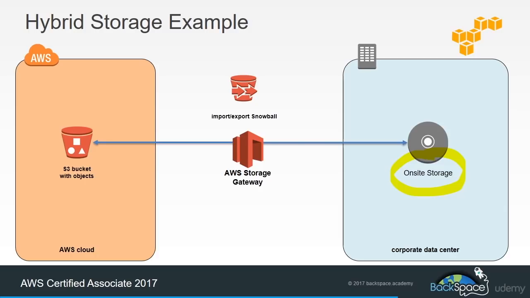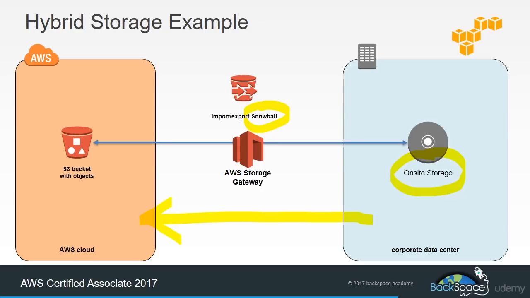Now, the first problem we're going to encounter is that to transfer this petabyte of data over to AWS using conventional techniques, using a high-speed data link, using the internet, whatever, is going to be expensive and it's going to be slow. And so that's where the AWS Snowball device will come in. So we can get AWS to send out to us a Snowball device to our corporate data center.